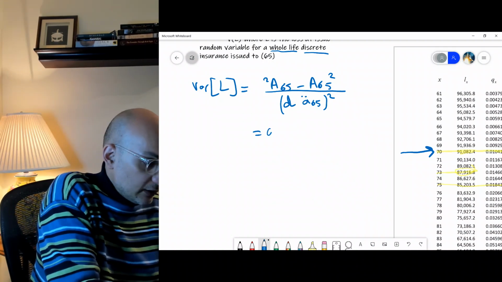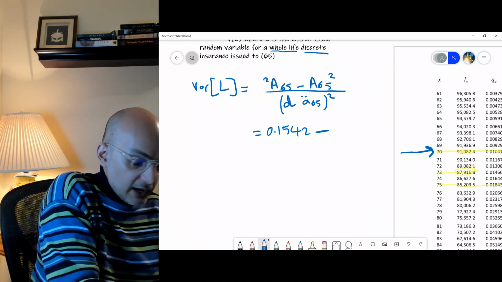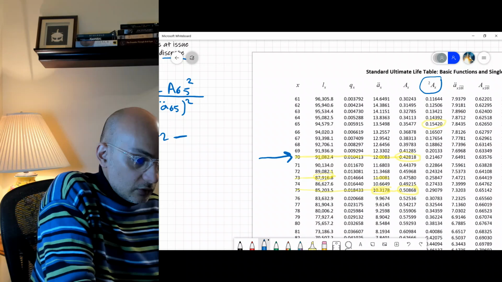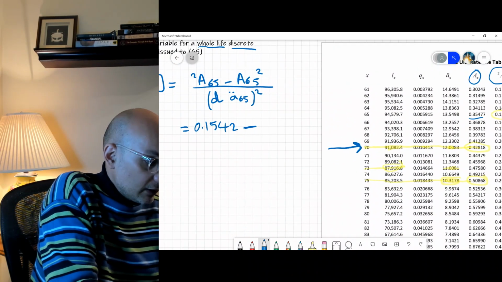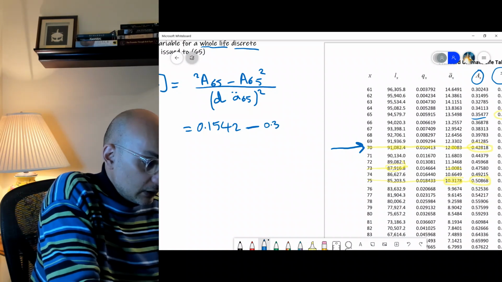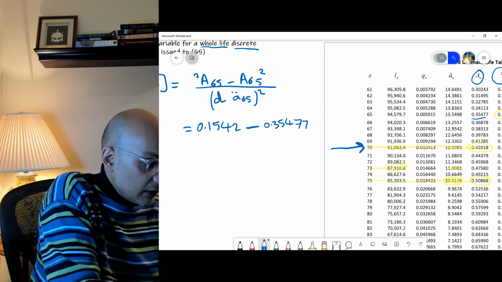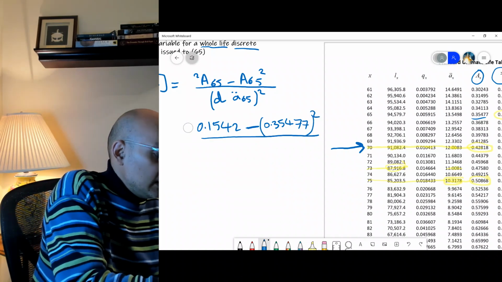And this one, as I showed you, 0.1542, subtraction of A65. A65, you go to now this A65 is here, 0.35477, and this is raised to 2.